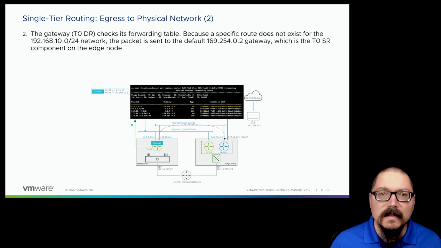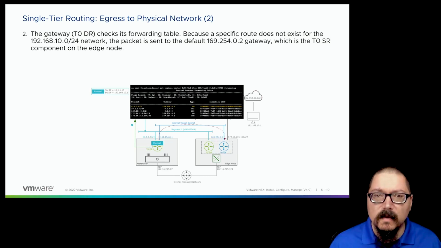Well, that's the default subnet that the intra-tier interfaces are going to have. If you remember back to our interfaces discussion, so many videos ago, we have the DR-SR interface, the intra-tier interfaces on our gateways.